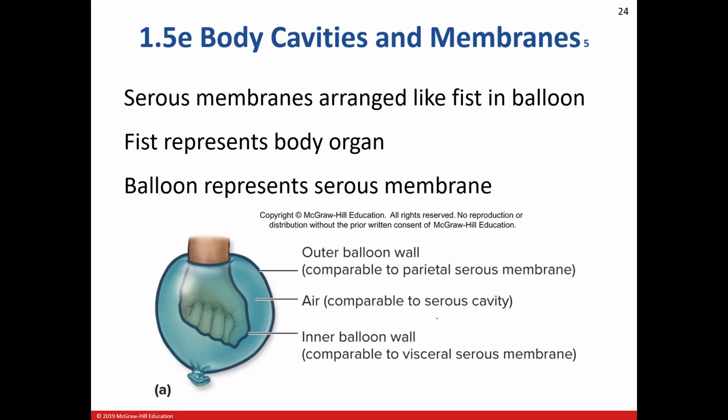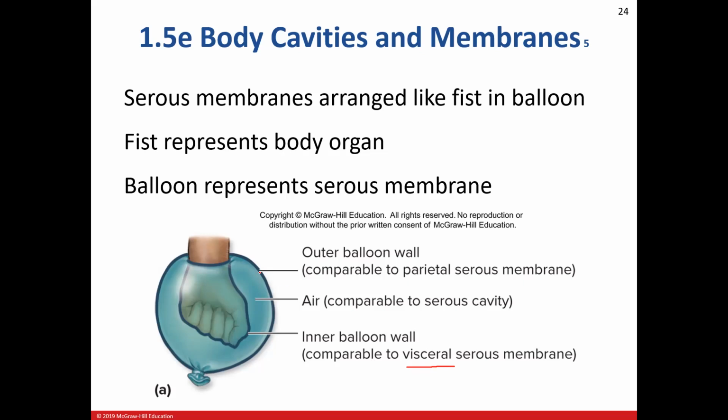And this dark blue line that you see, that's the balloon itself covering the fist, that is going to be the visceral layer of our serous membrane. So imagine the fist to be the heart, for example. The layer that covers the fist, that's the visceral layer.